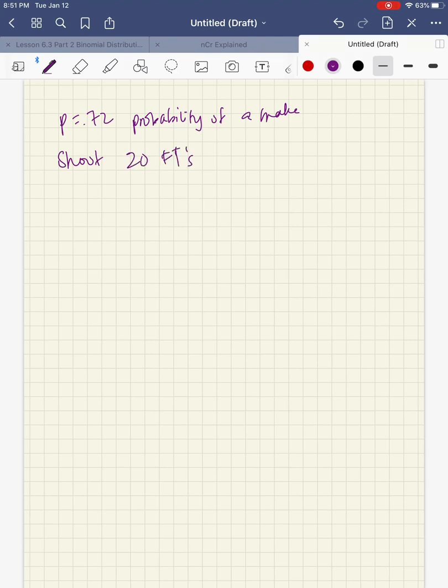Okay, I want to know what's the probability of 4 makes out of 20. Okay, so I know to find the probability of just one of those ways, the probability of success is 0.72, and they're going to have to make 4 of them, but that means they missed 16 of them, okay?